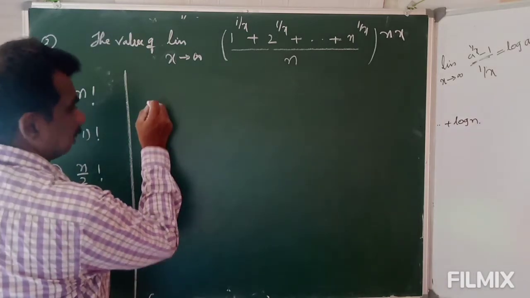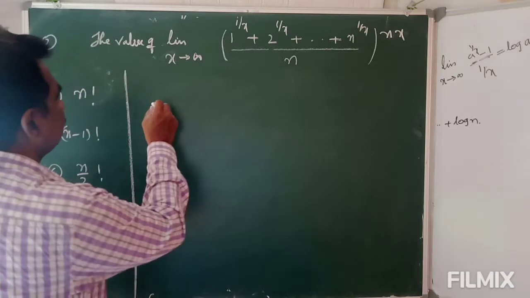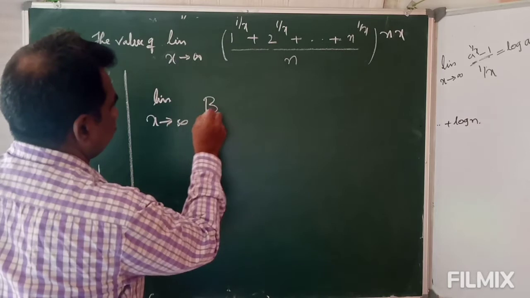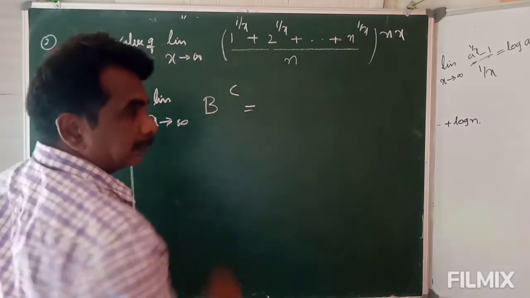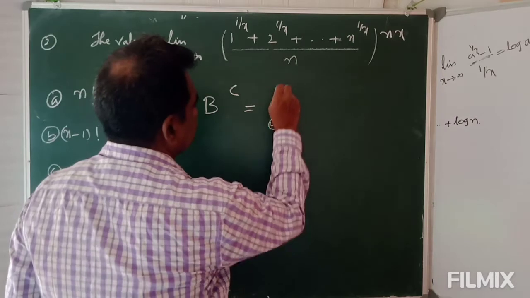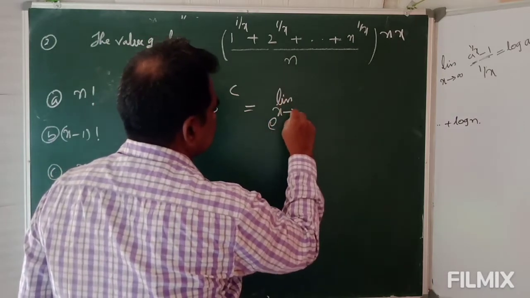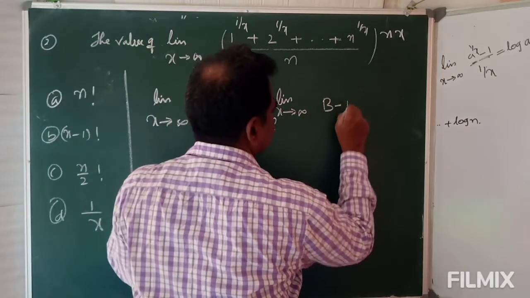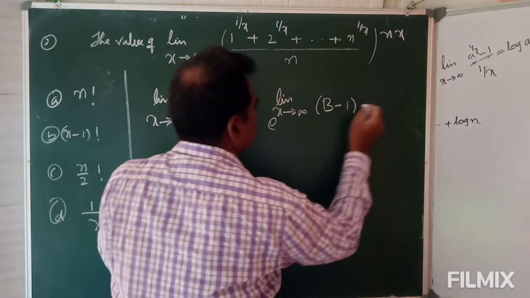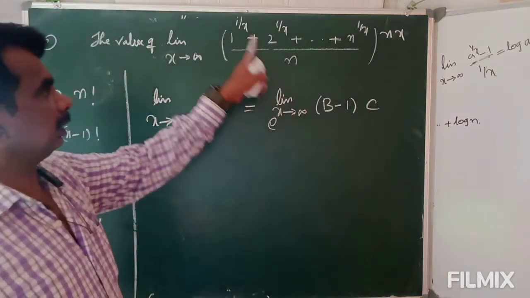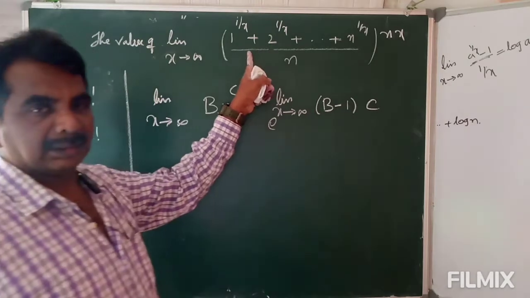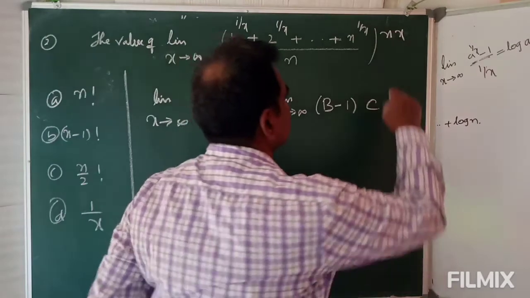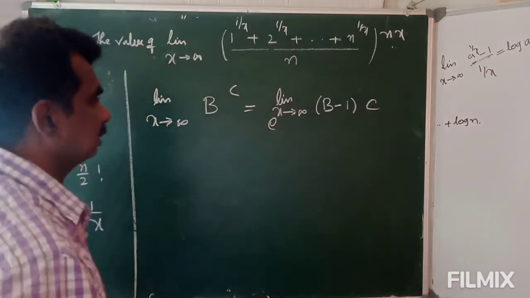We know, as I already explained in the shortcut method, limit x tends to infinity of (base) power (exponent) is equal to e power limit x tends to infinity of (base minus 1) multiplied by the exponent. What is the exponent here? It is nx.